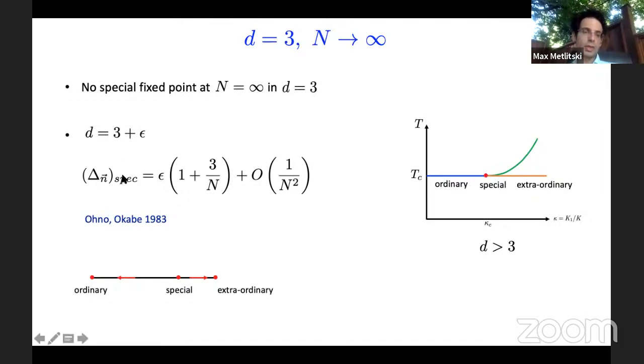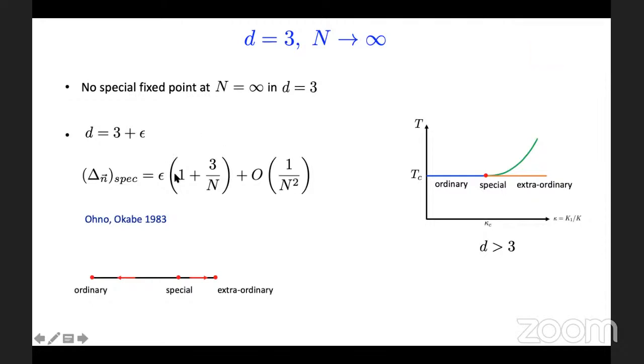Here is what I get for the scaling dimension of the boundary order parameter at the special transition at large n, and for dimension d just slightly above 3. The 1 over n squared term is not known, but the order 1 and order 1 over n terms are known from the work of Ohno and Okabe in the 80s, and both of these terms are proportional to epsilon when you set d equal to 3 plus epsilon.